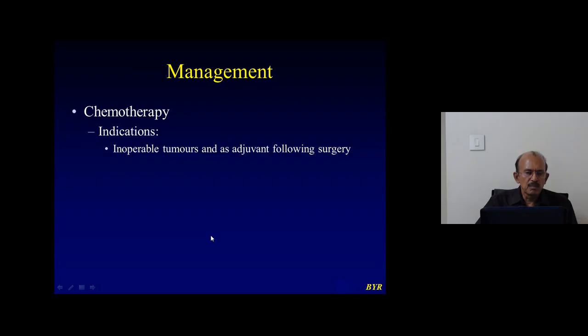So that's why many surgeons, after doing surgery, give chemotherapy for a few weeks or a few days. The aim of giving chemotherapy is so that those cells circulating in the bloodstream can be taken care of. That is called adjuvant therapy. So any chemotherapy or radiotherapy given after surgery is called adjuvant therapy.